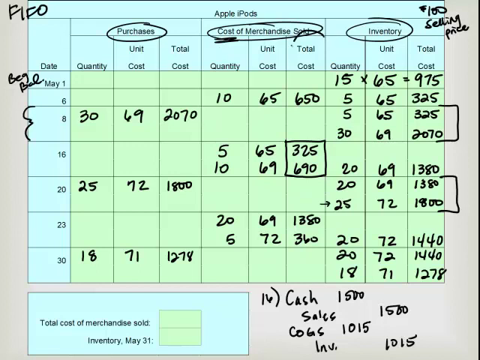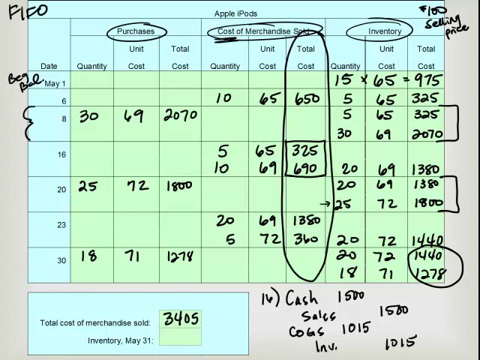You're just going to add up this column, and if we add that up, we get 3405. And then our inventory at May 30th is 2718. That's just this amount here in that last bottom right cell. That's our ending inventory.